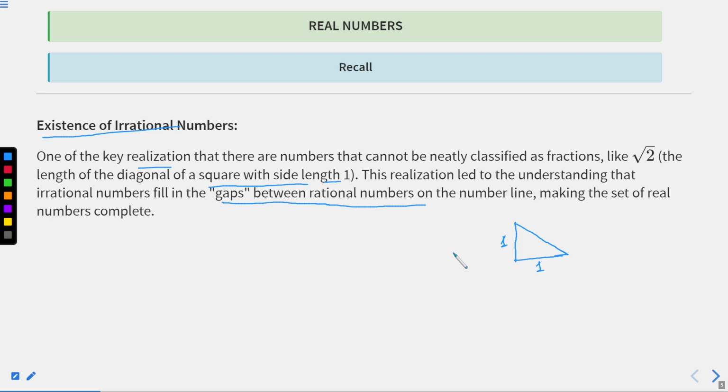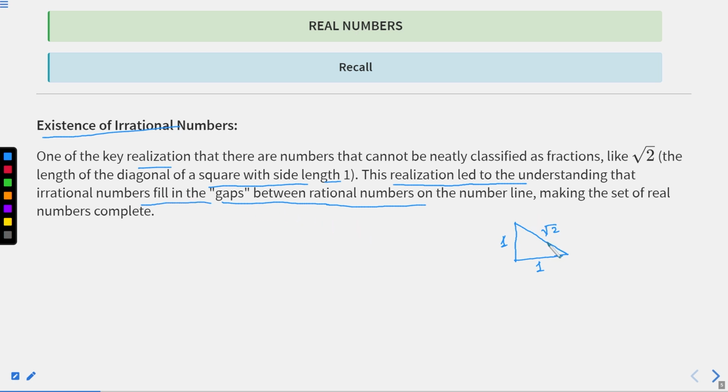For this right angle triangle, the hypotenuse is root 2. So when he worked with this triangle, he got root 2 and discovered that it is an irrational number. This realization led to understanding that irrational numbers fill in the gaps between rational numbers on the number line.